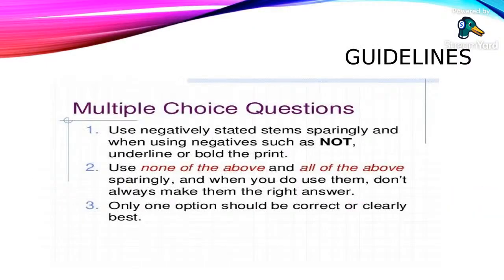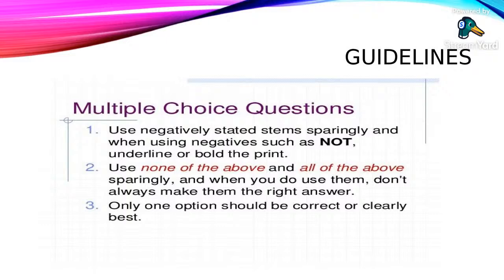Okay, so these are some of the basic guidelines that you have to consider in constructing a multiple choice test. We have the first one: use negatively stated stems sparingly, and when using negatives such as not, underline or bold the print. I'm sure you noticed this in some of the tests which you took, that negatively stated stems use the word not.